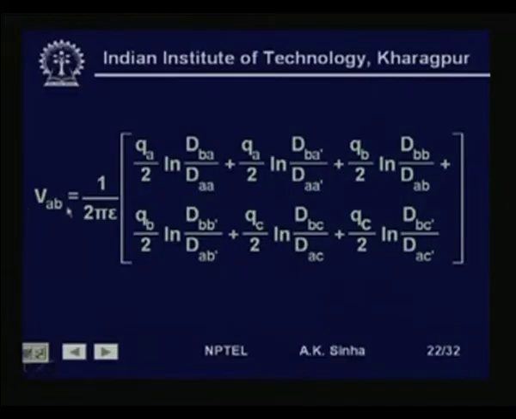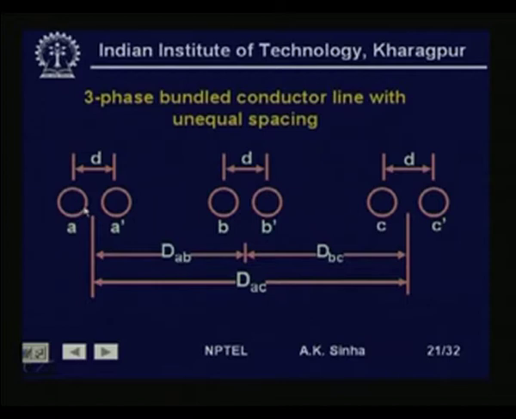Now, again we need to find the voltage difference between the 2 phase conductors. So, we find V_AB. Here we have assumed that conductor A has a total charge of q_A, and since we have a 2 conductor bundle, each subconductor in the bundle will have a charge of q_A by 2.